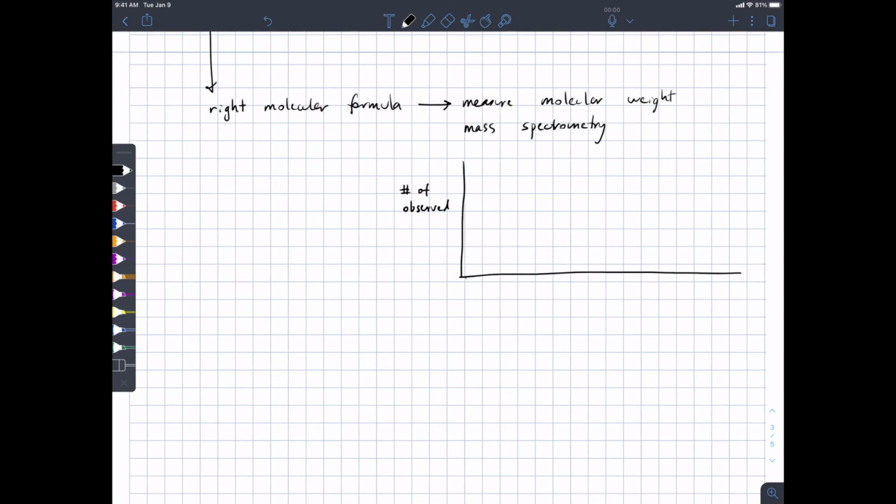And on the x-axis, you have the ratio between the mass of an ion and its charge. And of course, if the charge equals 1, then this is simply the molecular weight. For everything you'll be doing with mass spec data, generally, they'll tell you what the m/z ratio is for the singly charged ion.